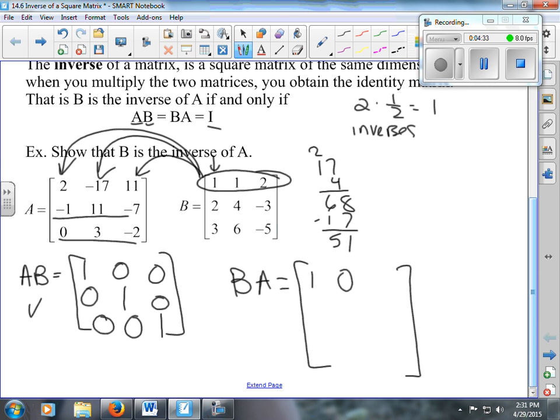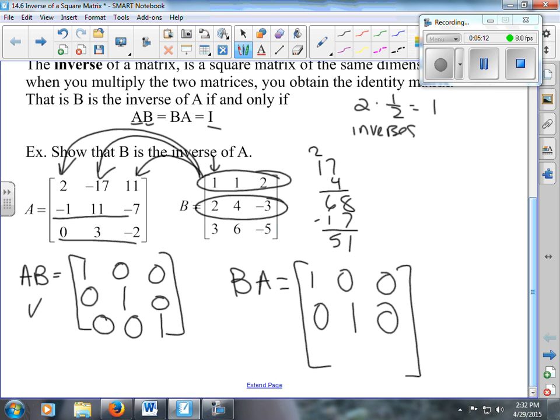The third column, 11 minus 7 minus 4, that's 0. Now row 2 times column 1: 4 minus 4, 0. Negative 34 plus 44 is 10, minus 9 is 1. Row 2, column 3 is 22 minus 28 plus 6, that's 0.